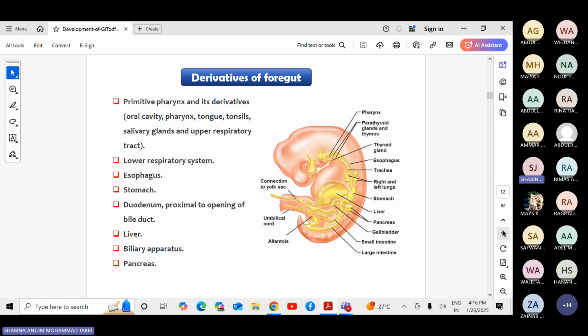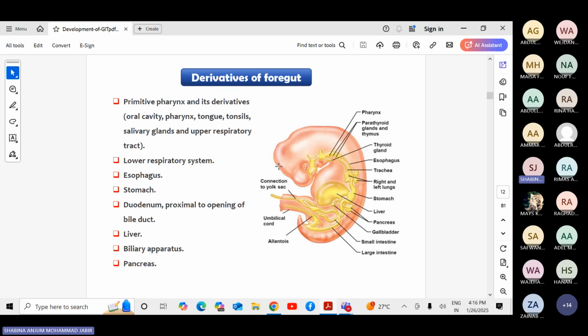Now we will see properly what the derivatives of the foregut are. Till now we know that it is going to form the pharynx, like the oral cavity, pharynx, tongue, tonsils, salivary gland. As additional knowledge, the upper respiratory tract also develops from the foregut. Then we have the lower respiratory tract.